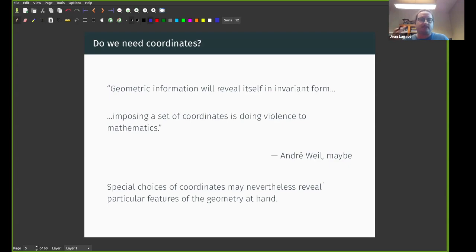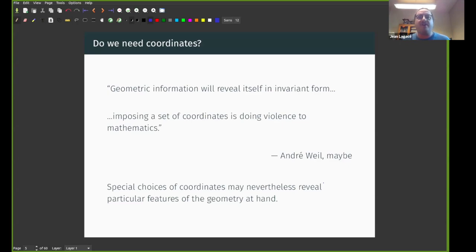However, it happens pretty often that special choices of coordinates will reveal particular features of the geometry at hand, and normally you would have to make the choice of them in a geometrically relevant way, in a canonical way.